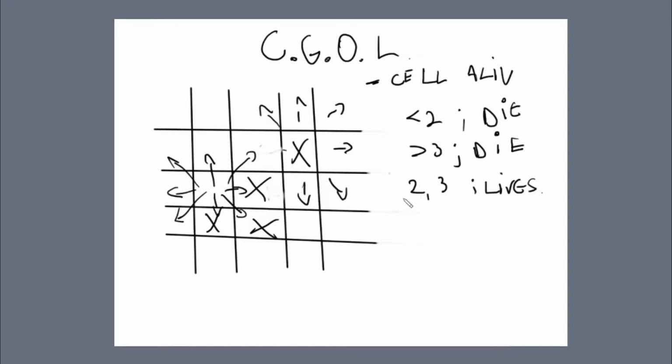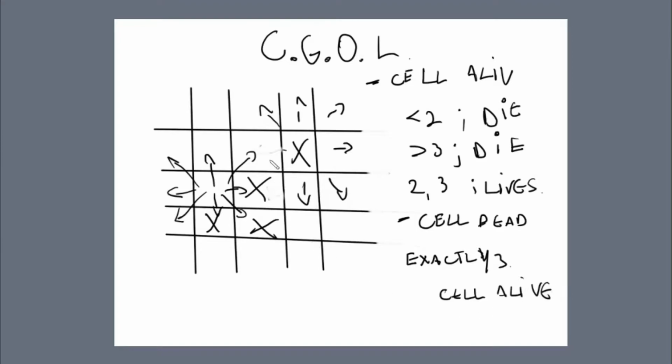And if there are exactly 3, the cell becomes alive, because of reproduction, I guess. And if not, nothing happens.